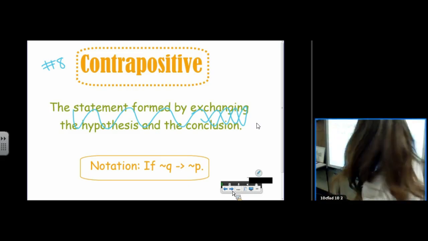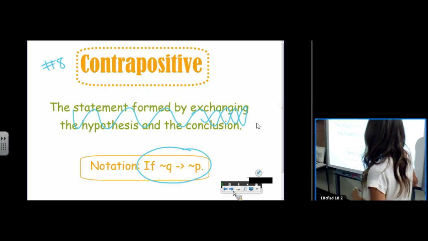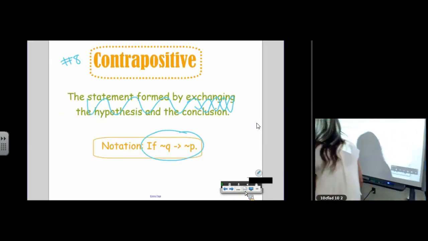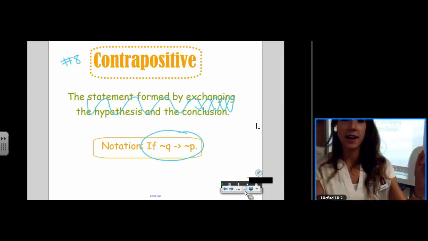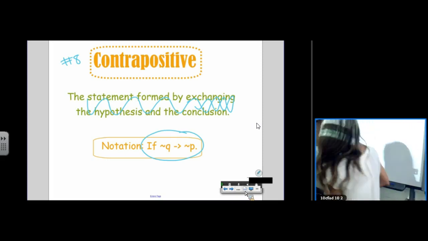Okay, so if not the conclusion, then not the hypothesis. Let's use our example. Ready? We're going to flip. We're going to reverse and negate.